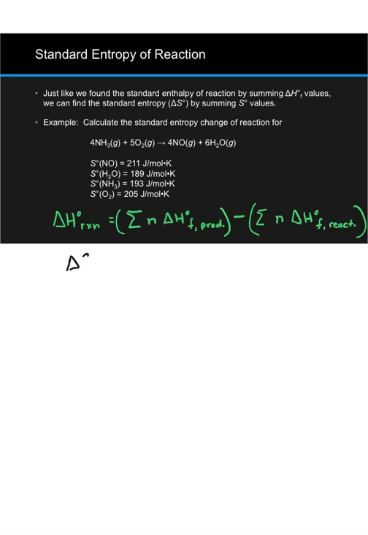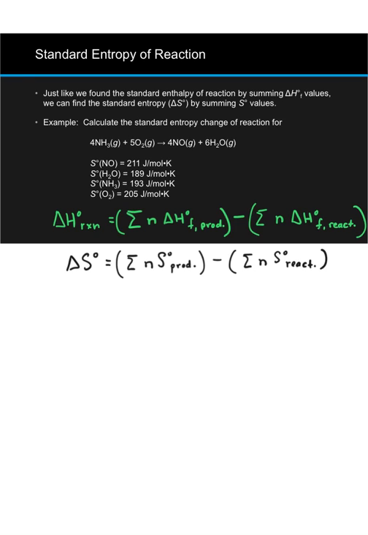The standard entropy change, delta S naught, is given as the sum of the number of moles of all of our products, each respectively multiplied by the standard molar entropy of our products. And we subtract from this quantity the sum of the numbers of moles of each of our reactants multiplied by the standard molar entropy of each of our reactants.